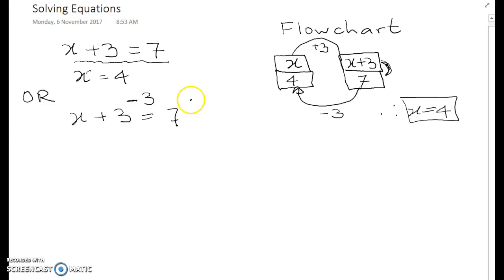Whatever you do on one side, you have to do to the other side. So it's take away 3. x plus 3 take away 3, it's gone, is equal to 7 take away 3. So we have x plus 0 is equal to 4. And then this 0 doesn't change anything, so we can just say x is equal to 4.